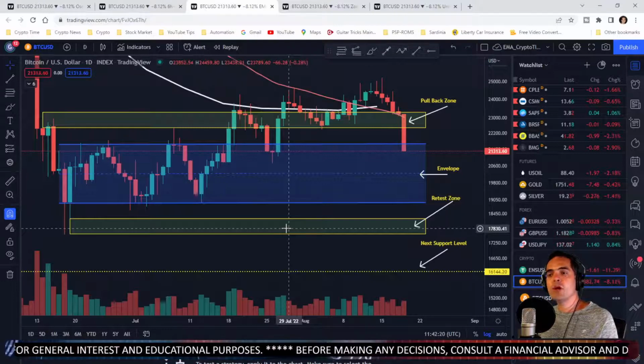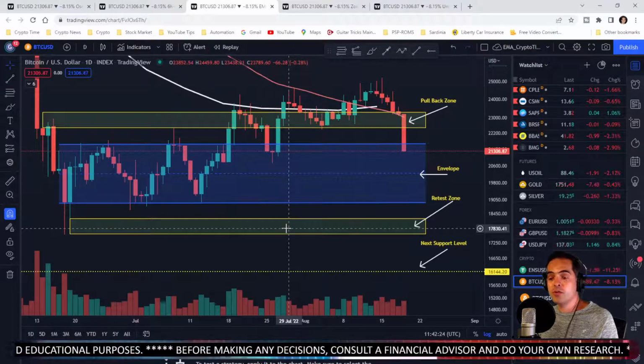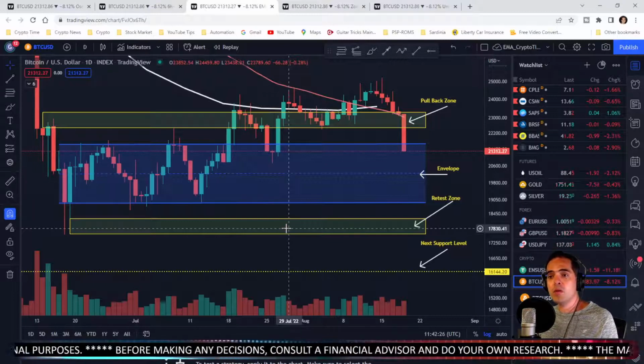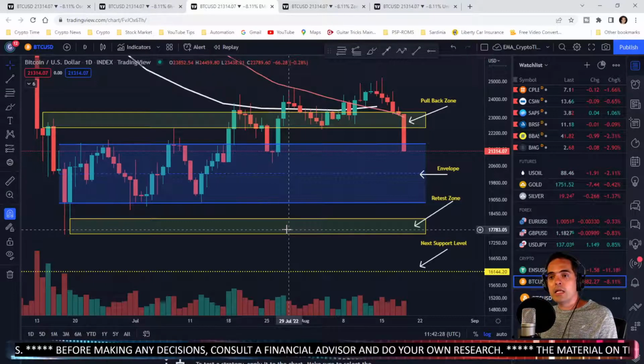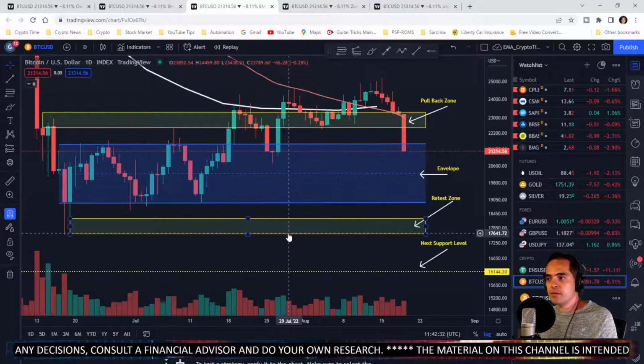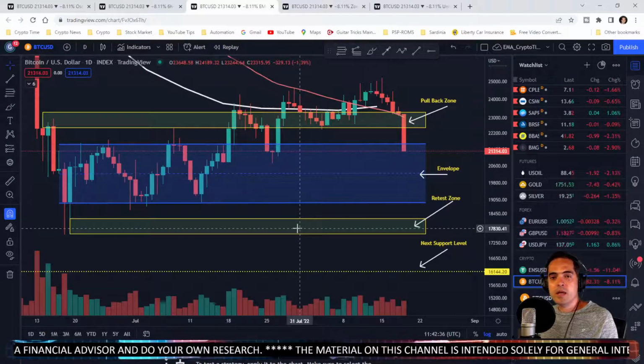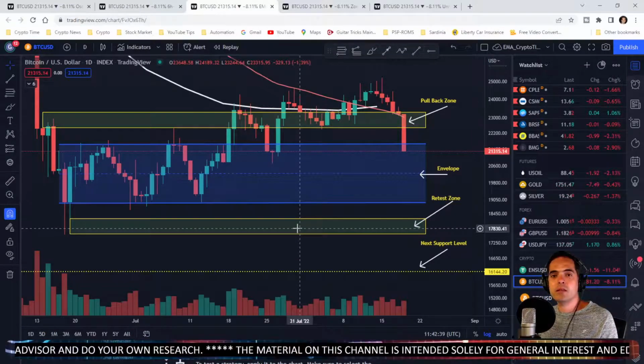So if you want to buy more Bitcoin, you could leave open orders at that level, at 17 and a half, 17K, something like that.